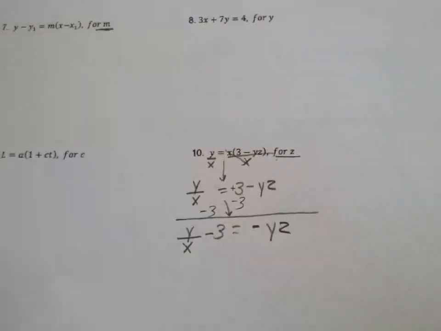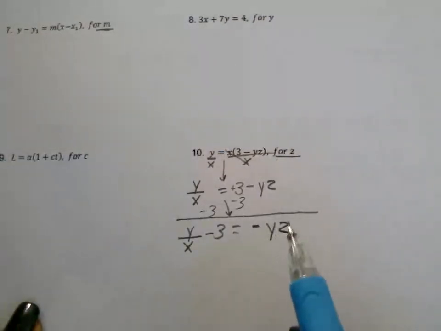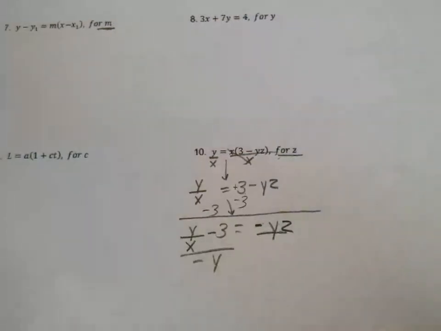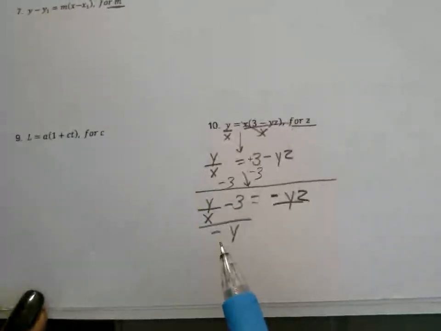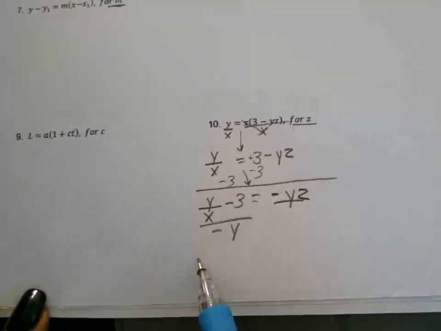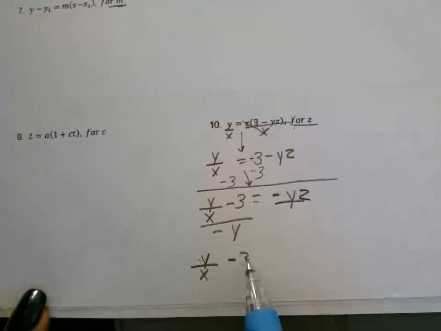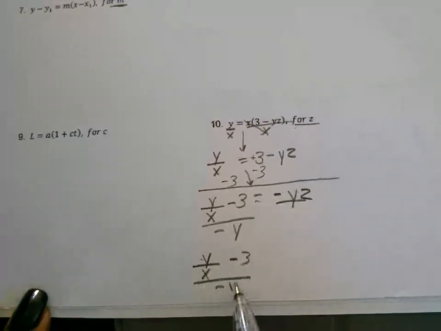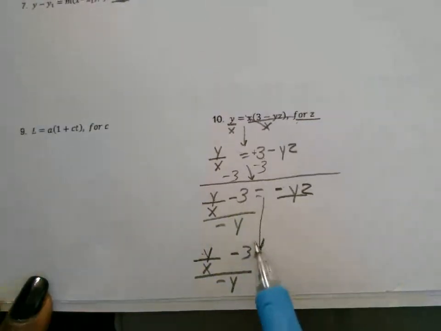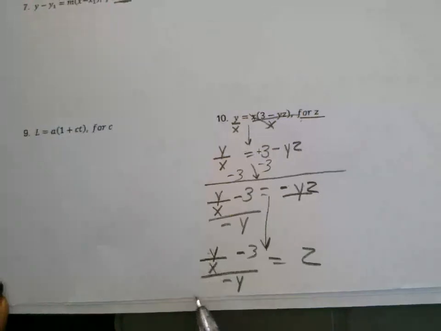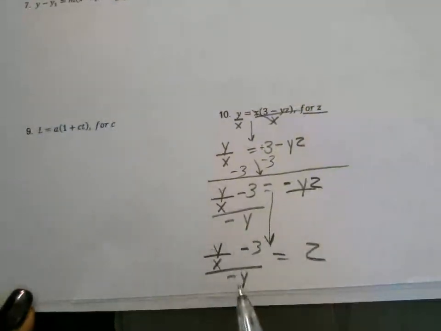Now you're going to get rid of the negative y by dividing both sides by a negative y. Bring down the equal, and you get z. Now you can simplify this more by dividing both sides.